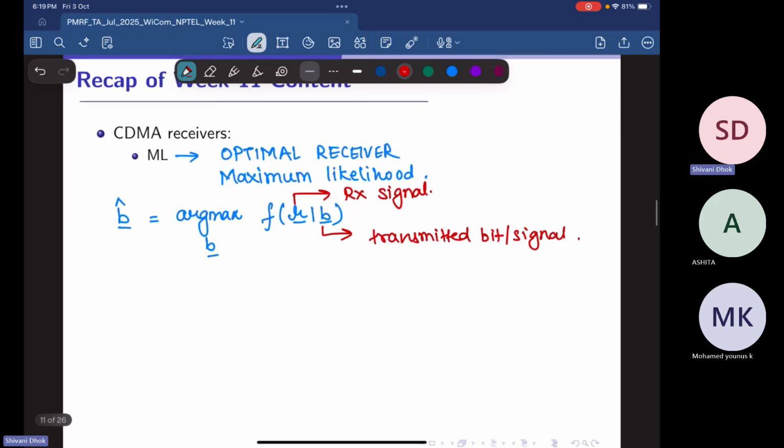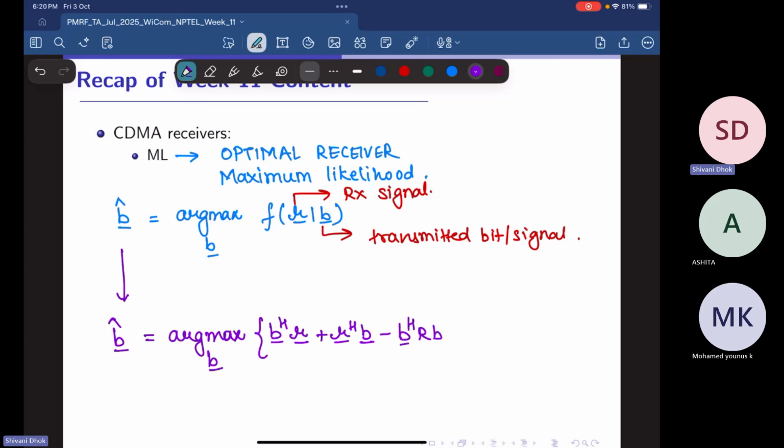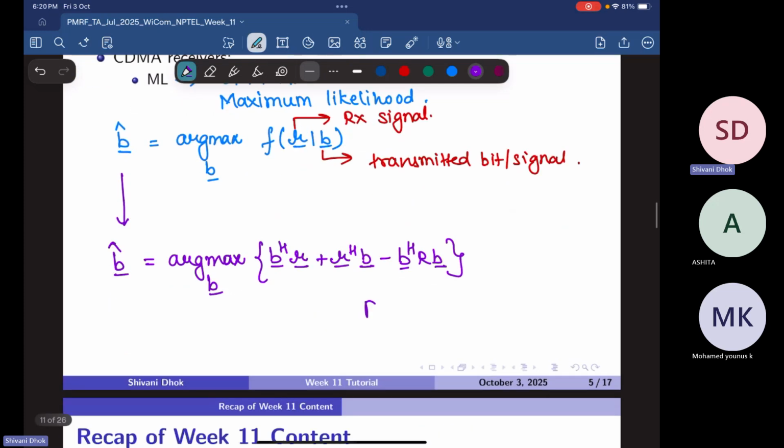And for a CDMA system, we specialized this. For CDMA, this comes out to be B hat equal to argmax over B of B Hermitian r plus r Hermitian B minus B Hermitian R B, where this R is your cross correlation between two spreading waveforms.